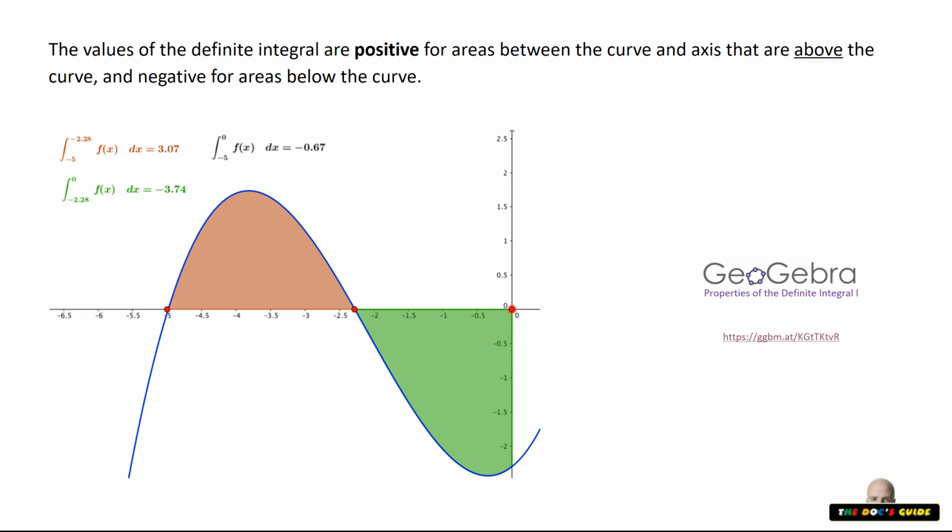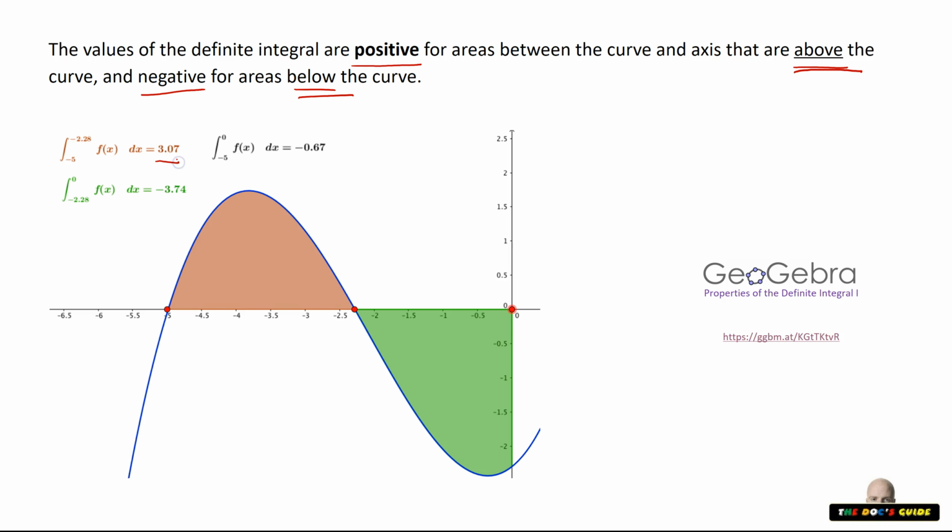If we look at a curve which cuts through the x-axis, then it's really important for us to realise that the values of the definite integral are positive for areas between the curve and the axis that are above the axis, and negative for areas below the axis. So down below here, we can see that we've got this brown area here, which is the area above the axis.